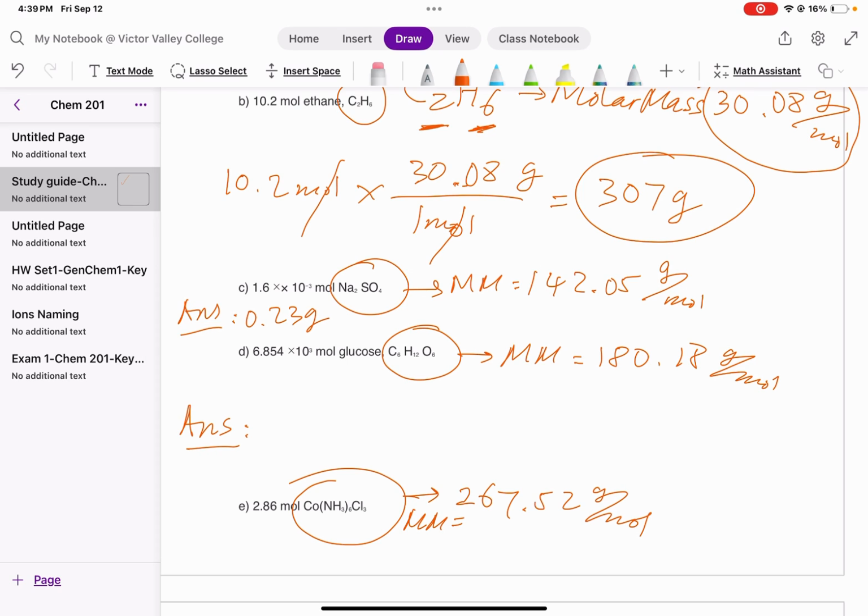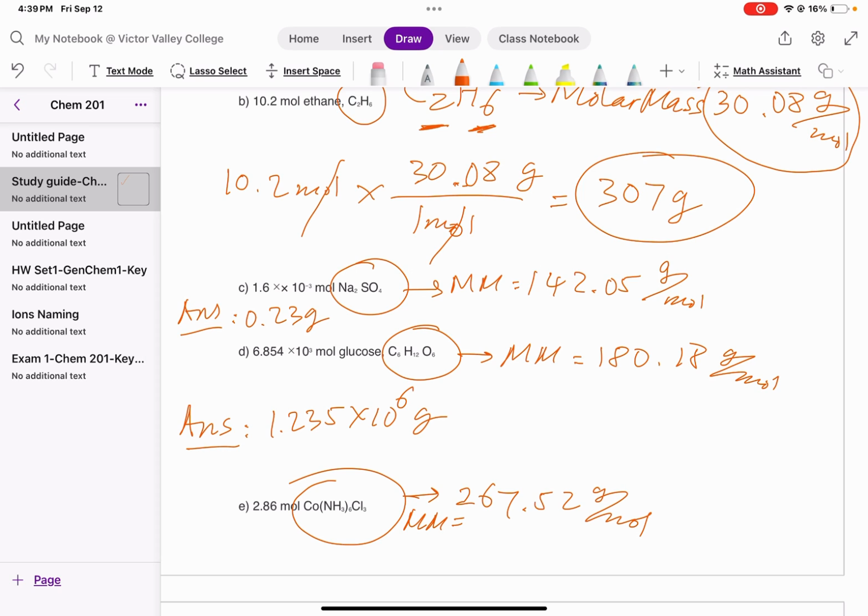A lot of grams. It's like 1.235. That's a lot of grams.